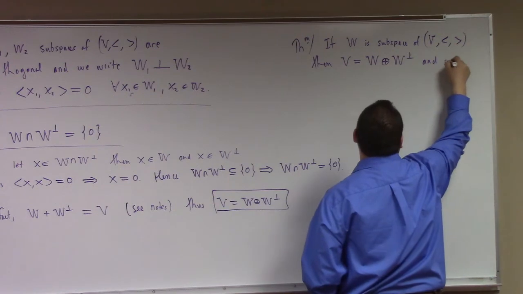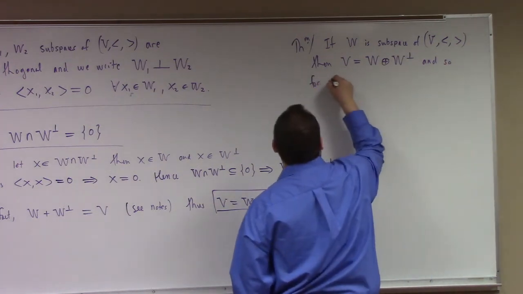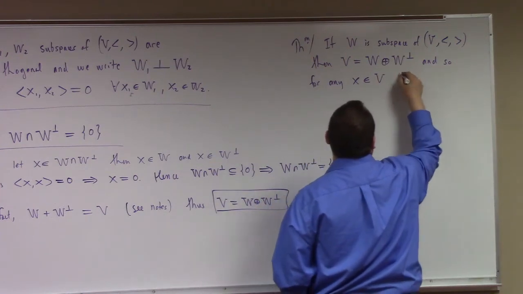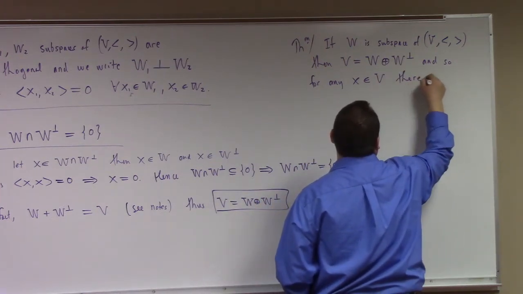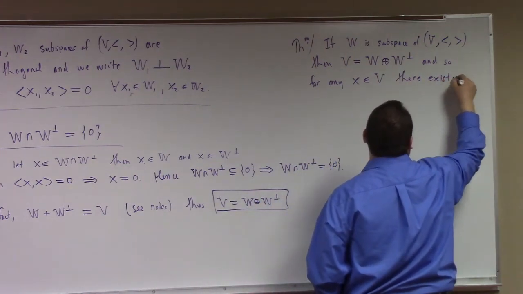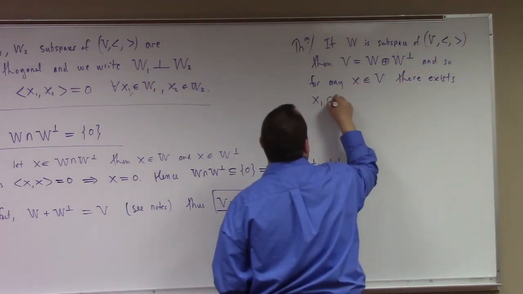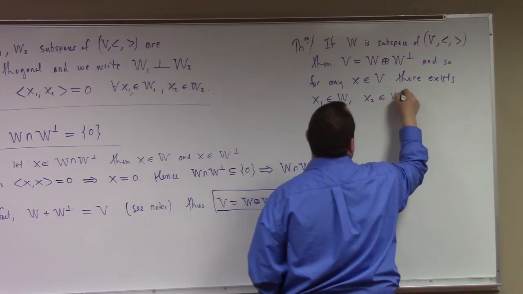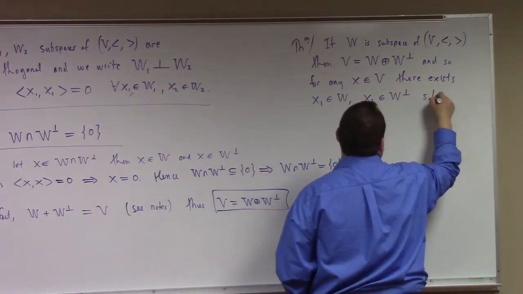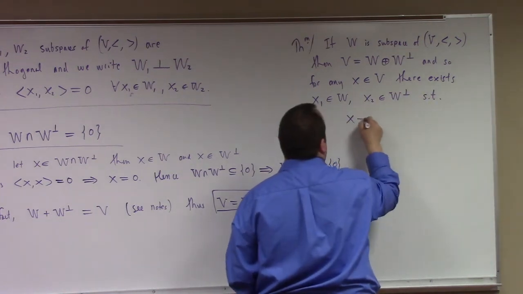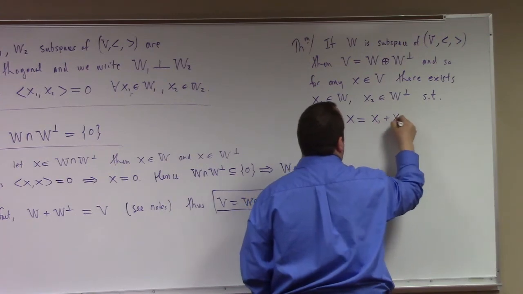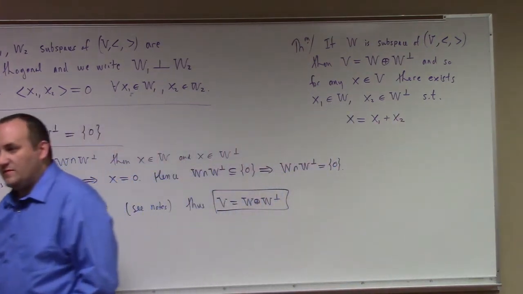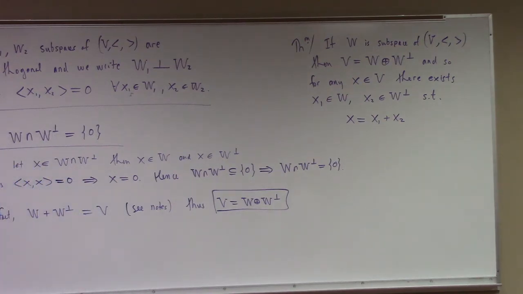And so for any x in V, there exists x1 in W and x2 in W perp such that x is equal to x1 plus x2. This is a direct sum decomposition, so the choice of x1 and x2 are unique.